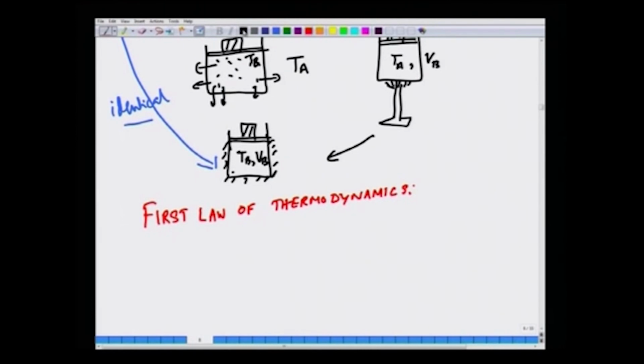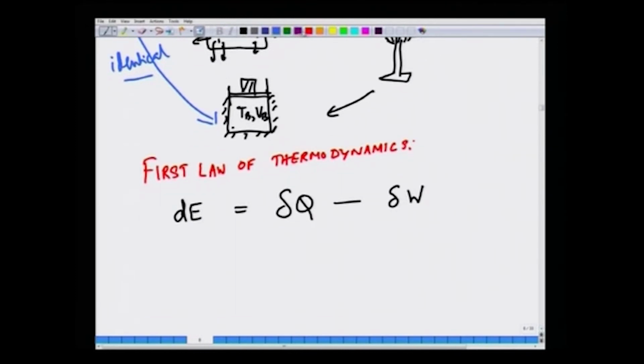It states that the change in energy of a system is equal to the amount of heat transferred to the system minus the amount of work done by the system. So, let me write down all these things in words, and then we will discuss the sign convention. Okay.